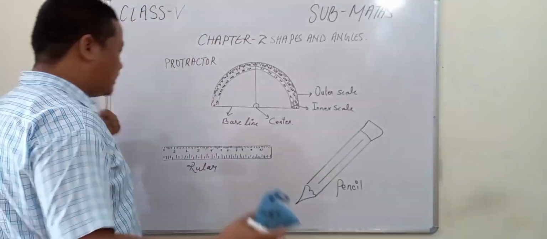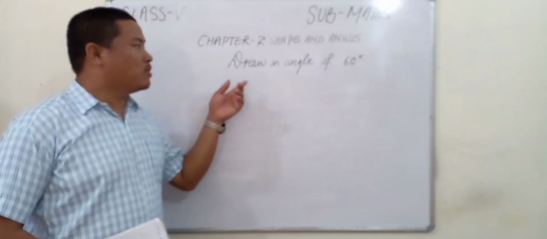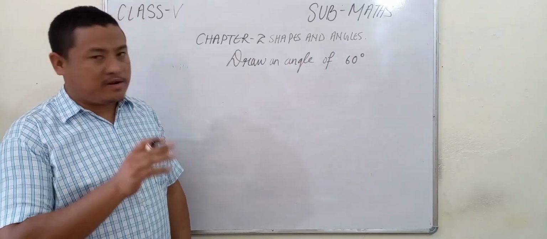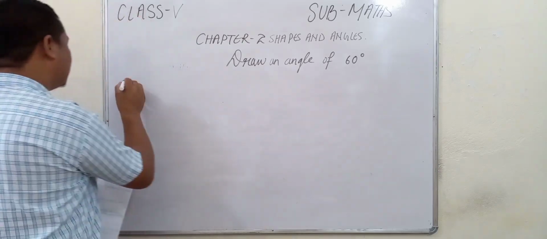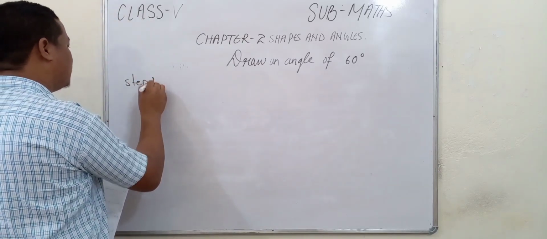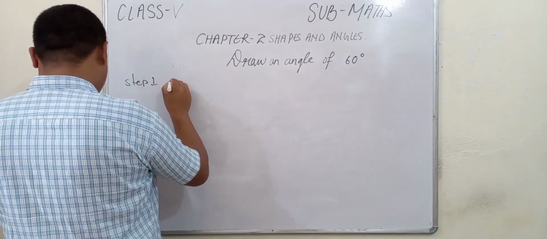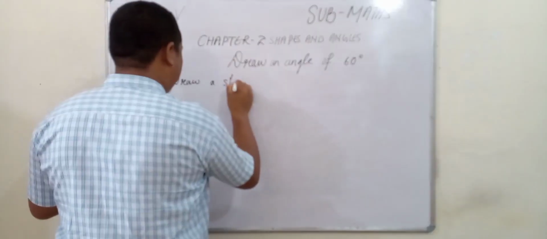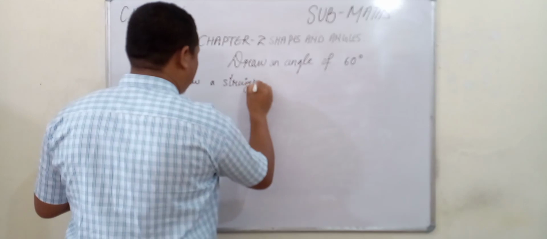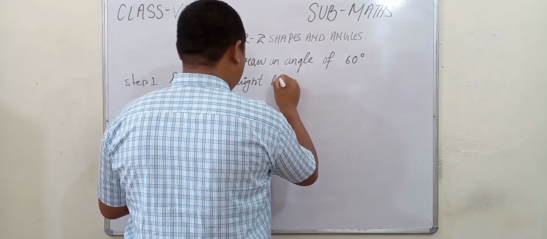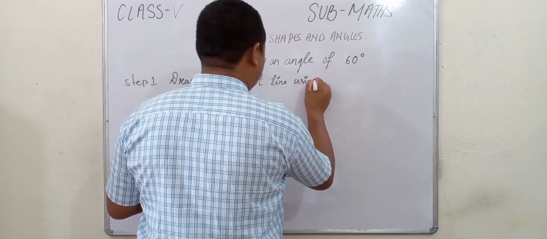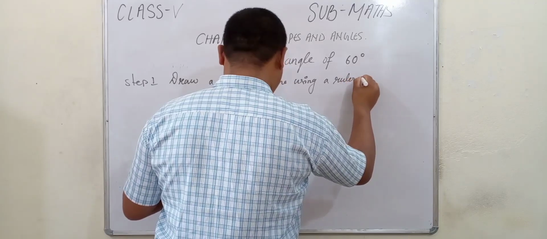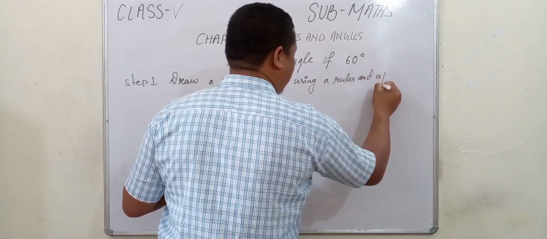Let me draw an angle. Let us draw an angle of 60 degrees. To draw an angle of any measure, step one is to draw a straight line using a ruler and a pencil.